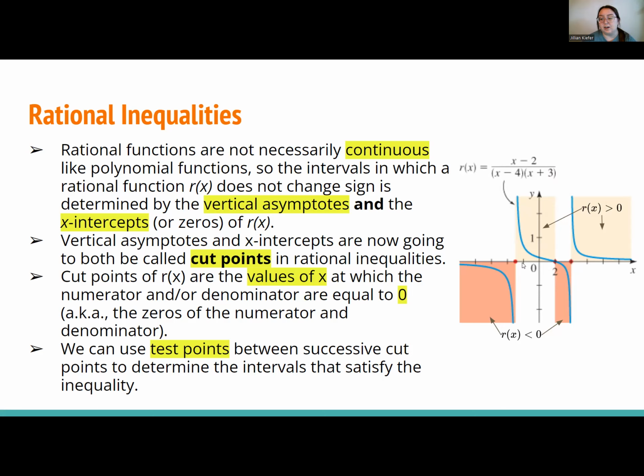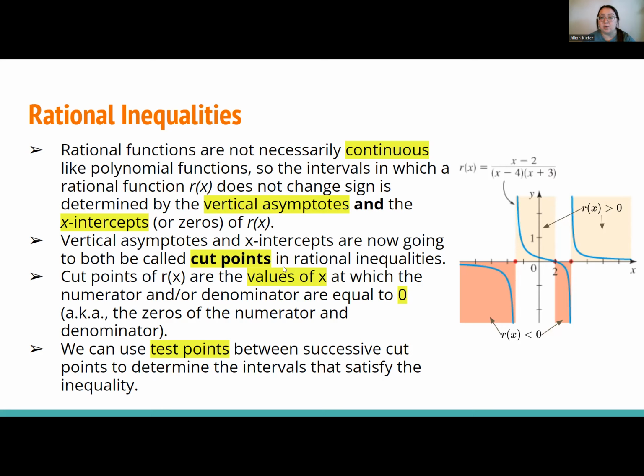So we see here, this is -3, this little dot right here. Our function is either going to positive or negative infinity for this one value of x. Then it also has a vertical asymptote at 4, which is this point right here, and we see the same thing: one side is going to negative infinity, the other side is going to positive infinity. So now, instead of just zeros determining whether or not your polynomial is positive or negative, with rational functions it's going to be vertical asymptotes and x-intercepts.